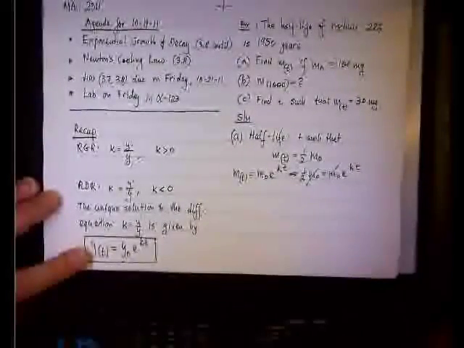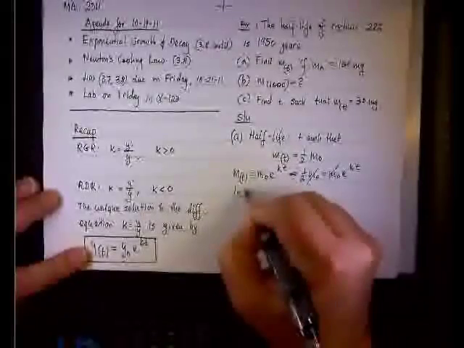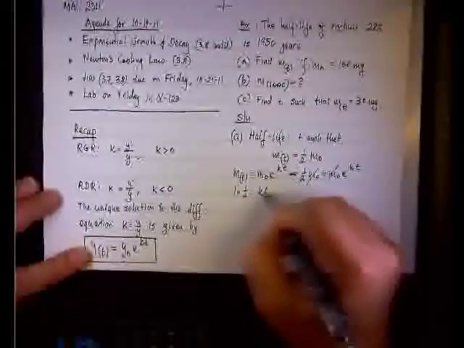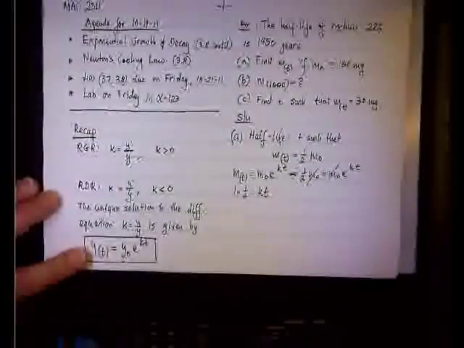And of course, we can divide both sides by m sub 0, the initial quantity, and at this point we can apply the natural log, and we're going to say that natural log of 1/2 equals kt times natural log of e, and of course natural log of e is 1.